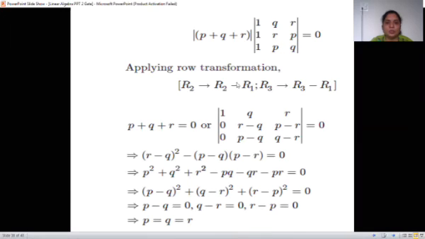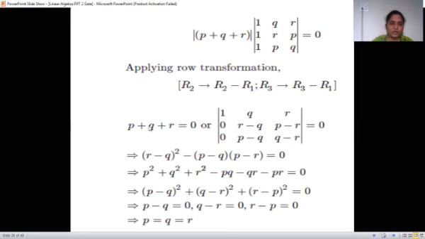Then after applying row operations, we get 0, 0 here, and then R minus Q, P minus R, P minus Q, Q minus R, which is equal to 0. This product being 0 means either this is 0 or this determinant is 0, right? So P plus Q plus R is 0 or this determinant is 0.